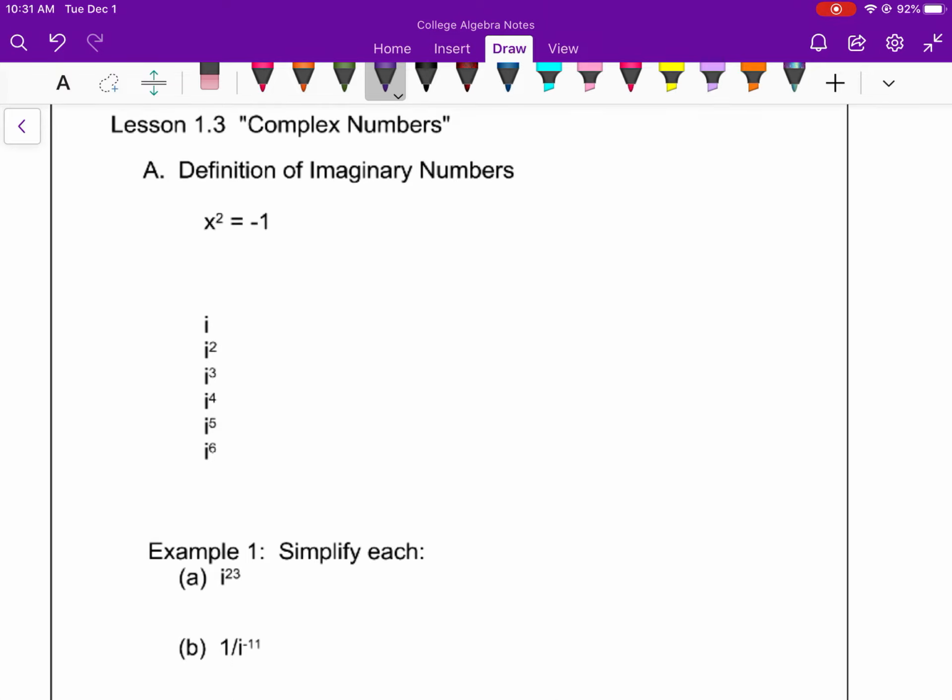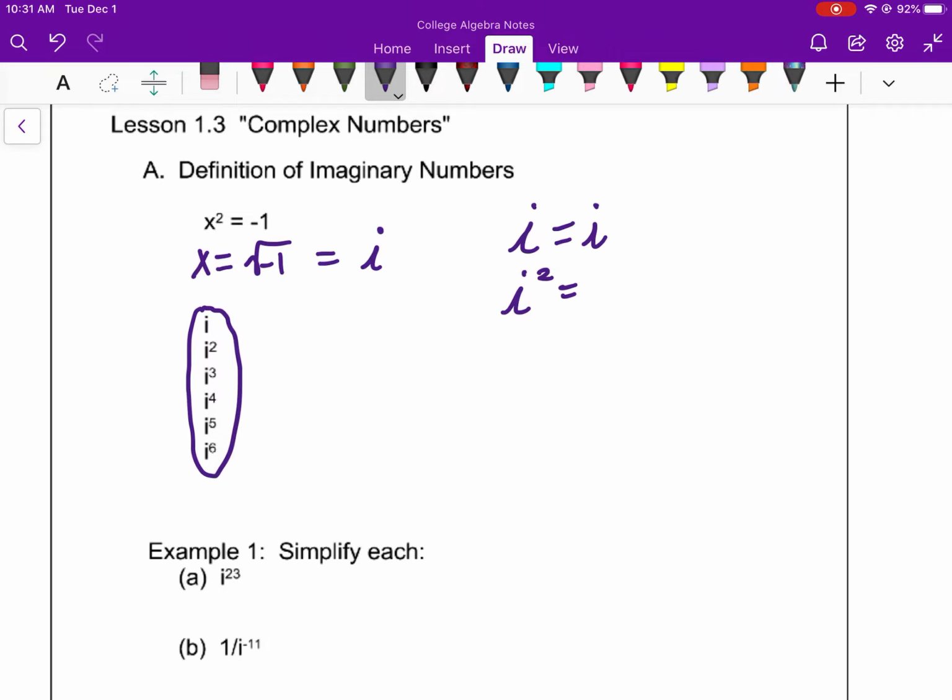All right, we start off with the definition of an imaginary number. If x squared equals -1, I would take the square root of both sides to get x equals the square root of -1, which has been defined as i. So what we're interested in is powers of i. If we do i to the first, that's going to be i. i squared takes you back to -1.